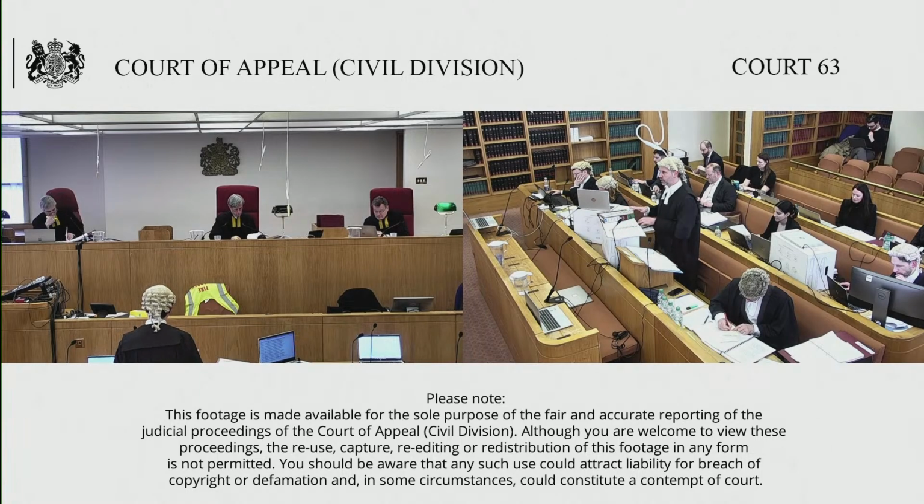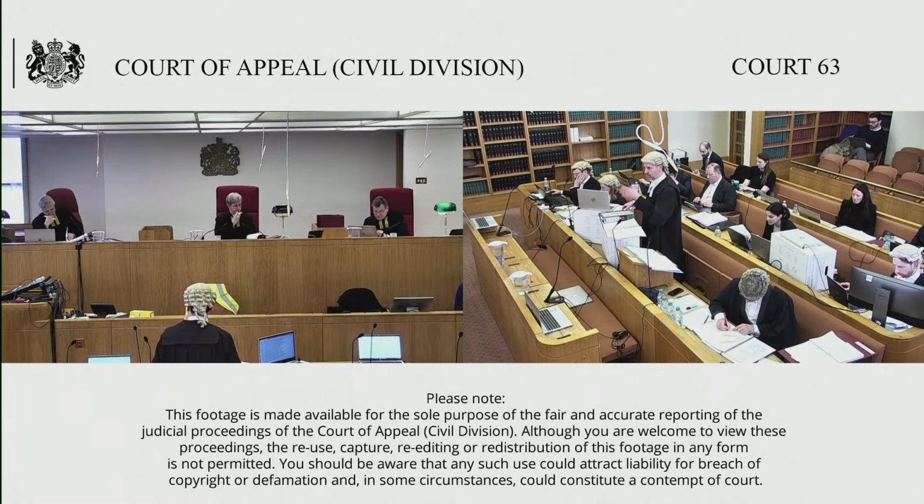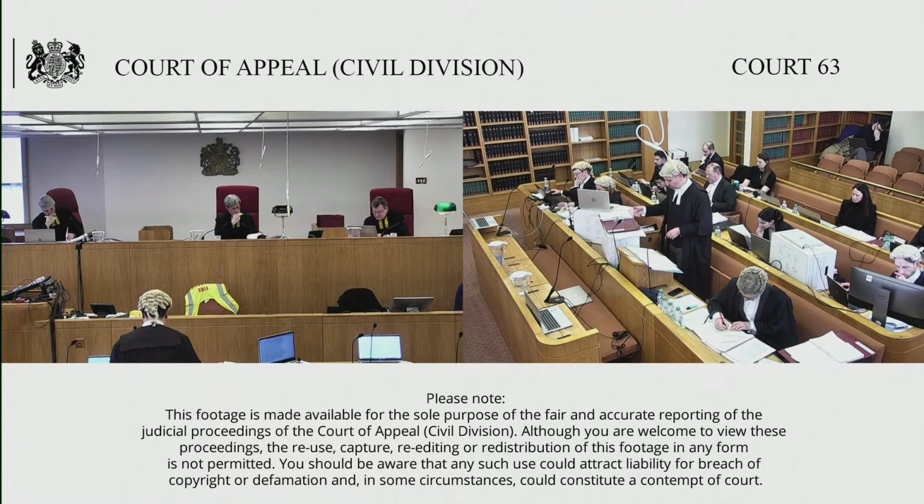But there's no dispute about what this means because the judge explained it. So rather than walking through this text, I'm just going to show you where the judge explained it.